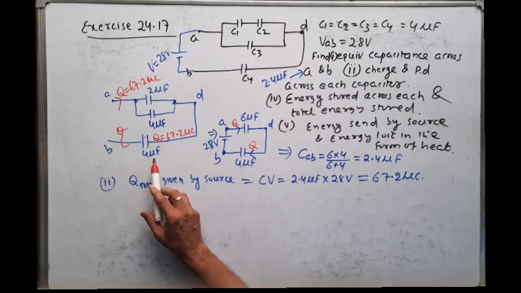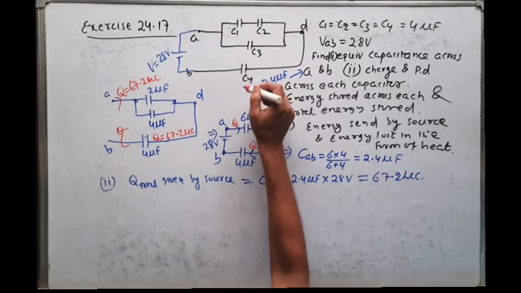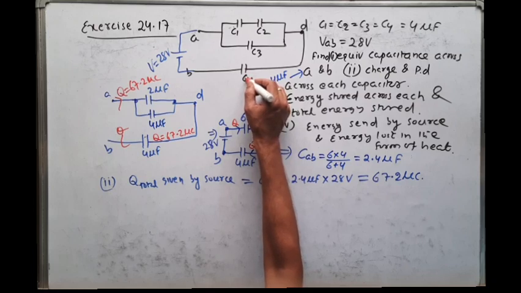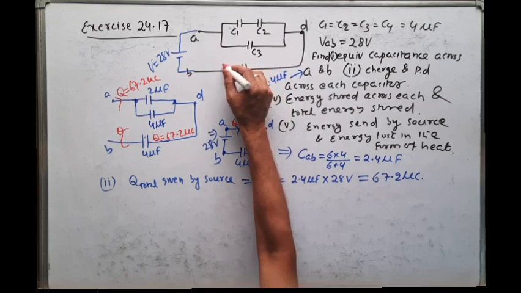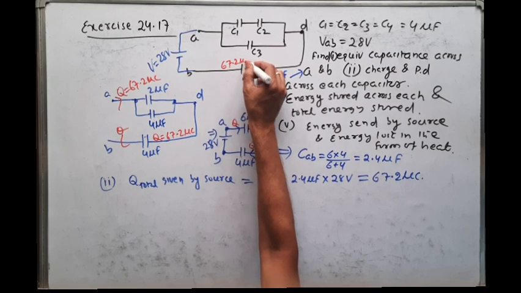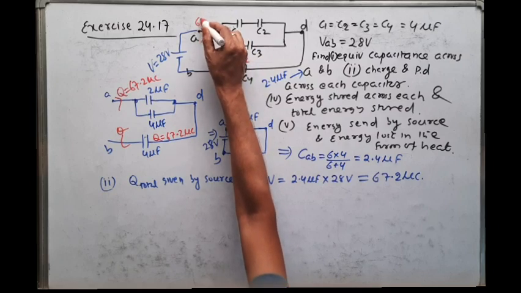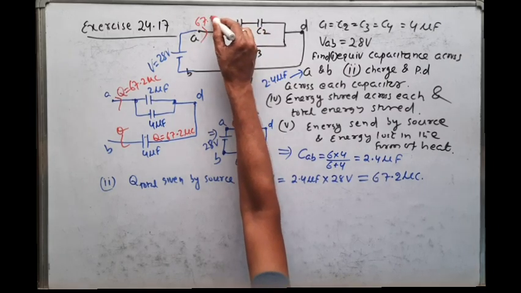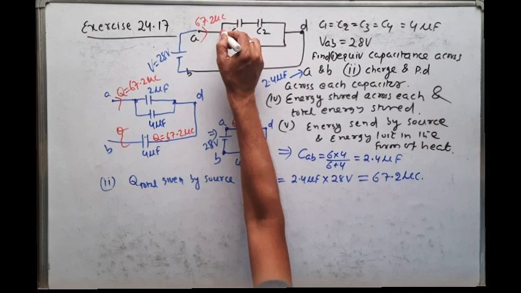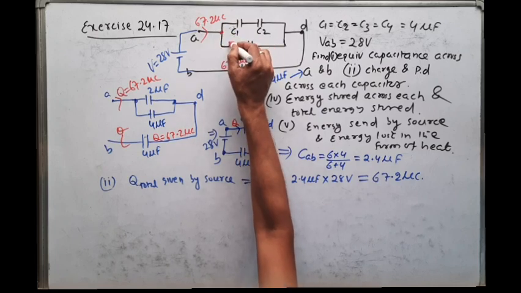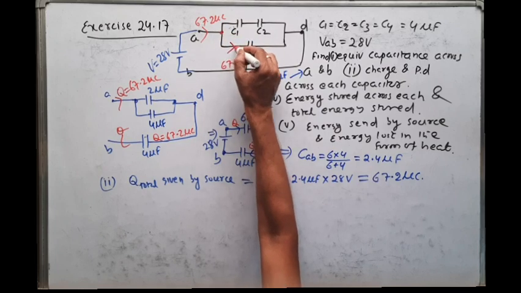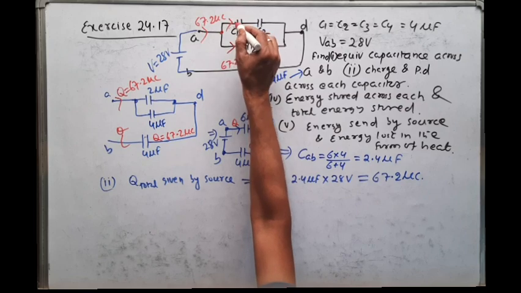Now question was, what is the charge across all the capacitors? So immediately we will write the charge across C4 is equal to what? 67.2 microcoulomb. Now you see here 67.2 microcoulomb is coming to this junction, and some charge will flow through this and the remaining charge will flow through this.